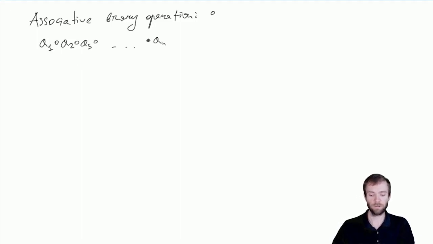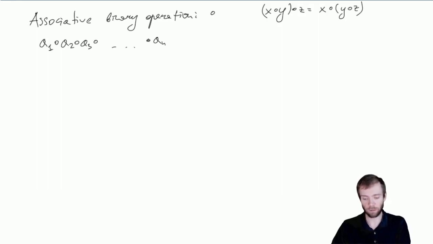So this associative operation means that for any x, y, and z, we have x times yz the same as xy times z. We'll heavily use the fact that our operation is associative, and our goal is to compute the prefix products of this whole product.